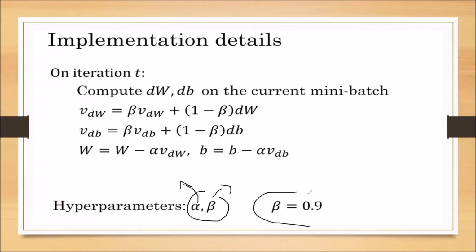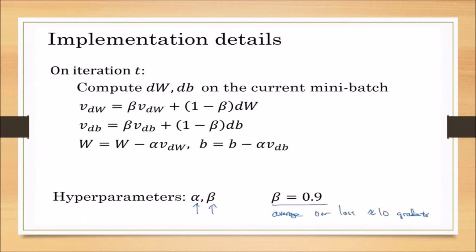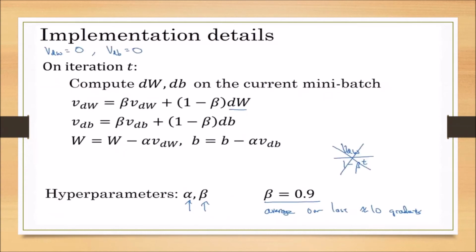The beta values we have seen are 0.9, 0.98 and 0.2. Generally, we will fix the beta value to 0.9 because we take the last 10 gradients' average. We are avoiding the bias correction here because we are interested in finding the 10th moving average, so there is no need to use it here.